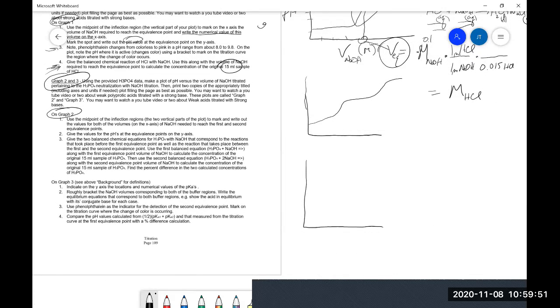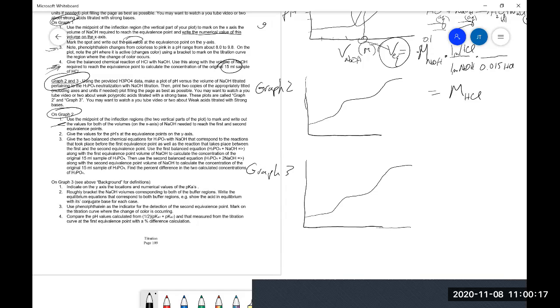So I could recreate this plot, and make sure I have my titles and axis and stuff like that. Now let's go back to graph 2. So this will be graph 2, and this will be graph 3.